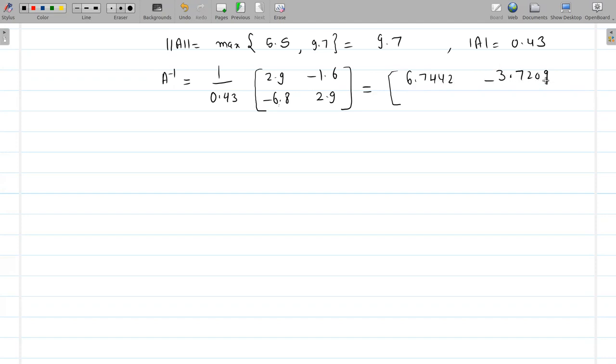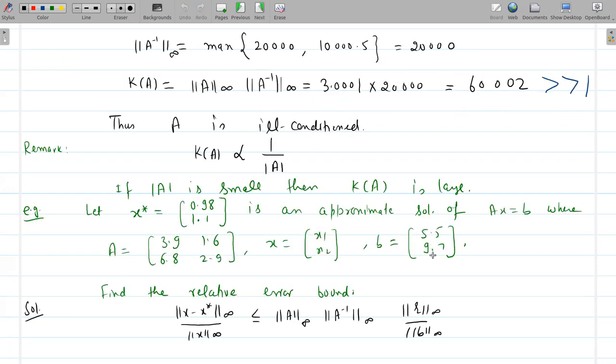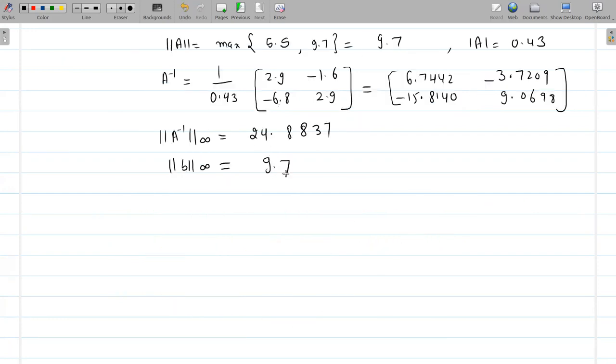Write at least 4 decimal places when you are doing rounding or chopping, so try to write 3-4 digits after the decimal. Now take its norm. In the same way, add the first row, 6 plus 3, roughly 9-10, and add the second, 15 plus 9, 24, so the second one is bigger, 24 point precisely 24.8837. Okay, then you also need to find norm of B. The right hand side was 5.5 and 9.7, whichever is the largest of the two, that is 9.7.